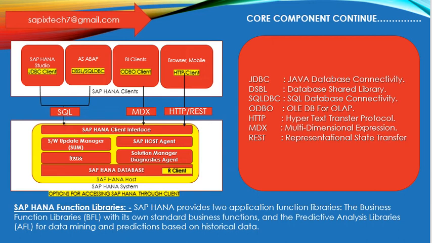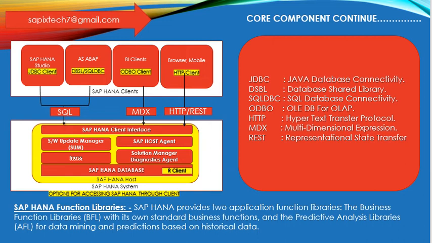So for SAP HANA, there are two things which we need to understand. First, connectivity is required. You need to connect your SAP HANA Studio or Eclipse to the application server, isn't it? So what kind of connectivity?